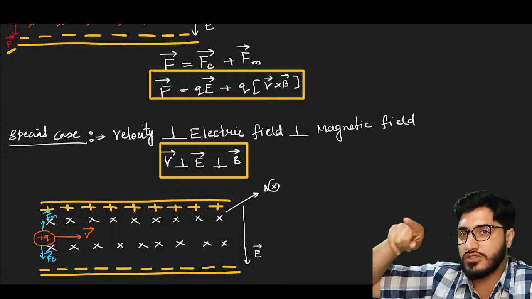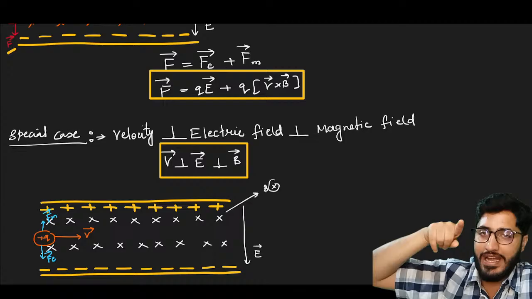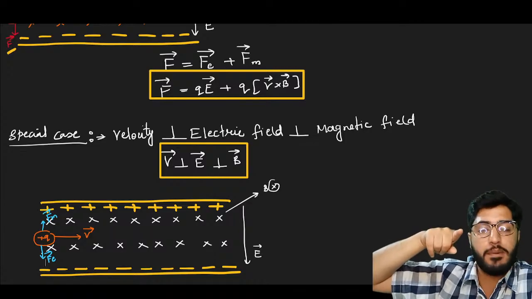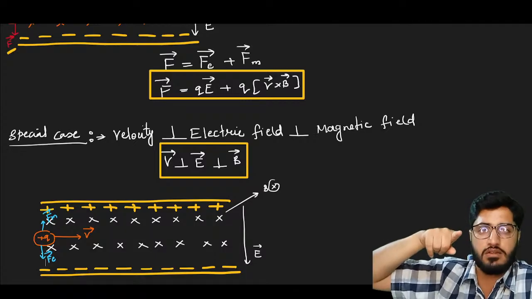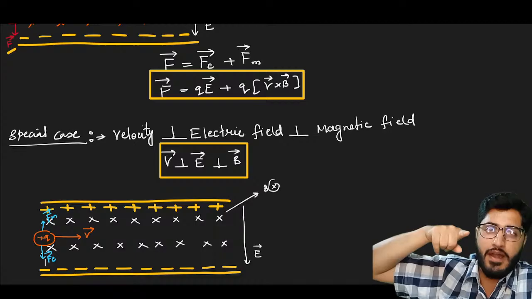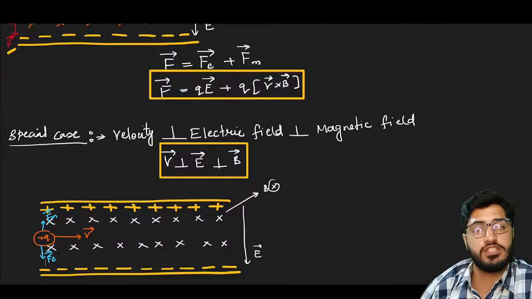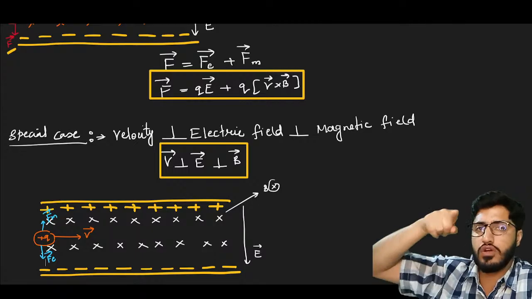The particle is going in a straight line motion. Now, based on the magnitudes, if my magnetic force is dominant, then my particle will go upwards. If my electric force is greater, it will go downwards.